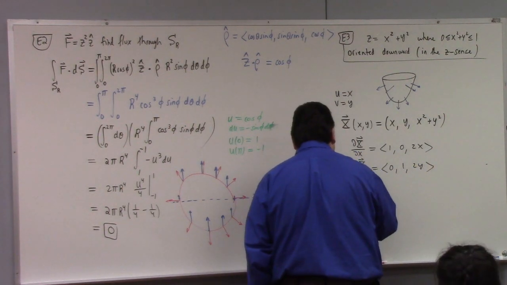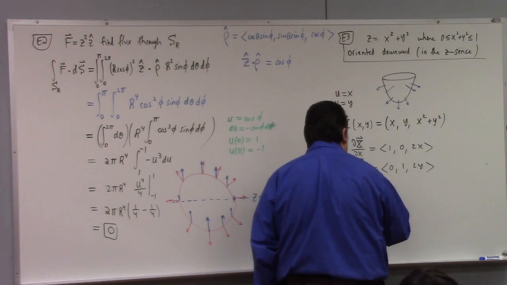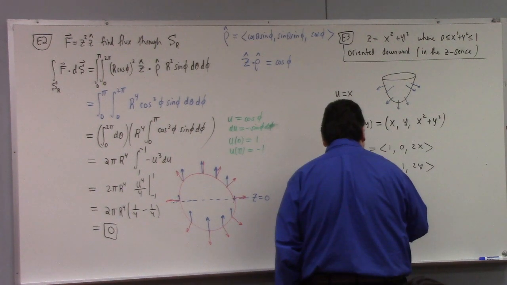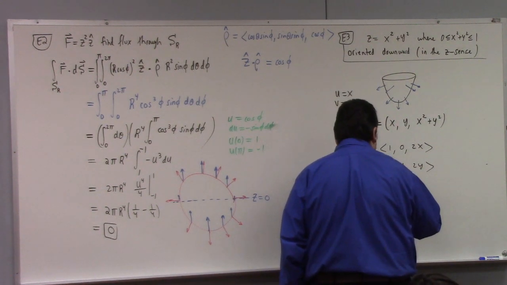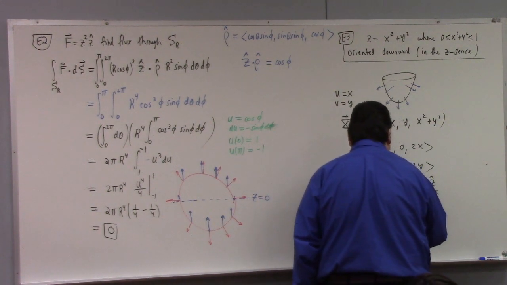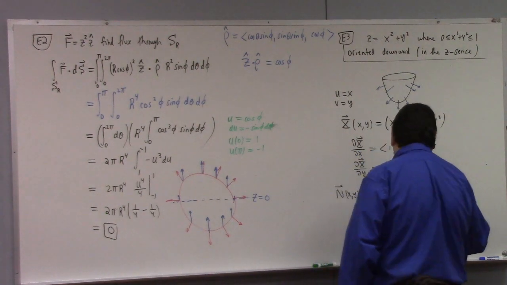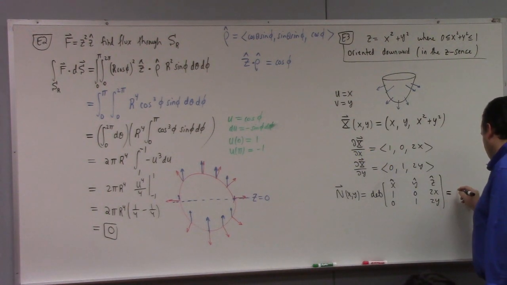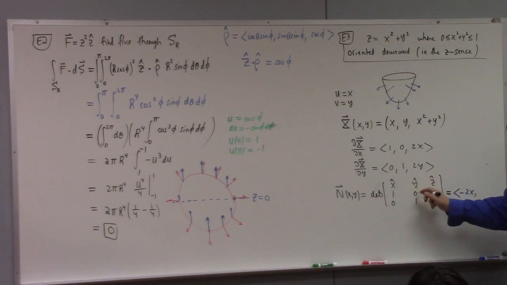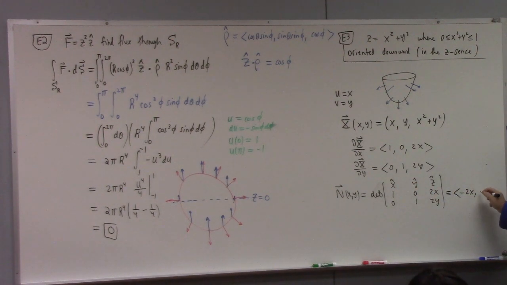My normal vector at xy is the cross product of those two things, which is what? So let's see here, x hat we get minus 2x. The y hat we get minus 2y. And the z hat we get 1.